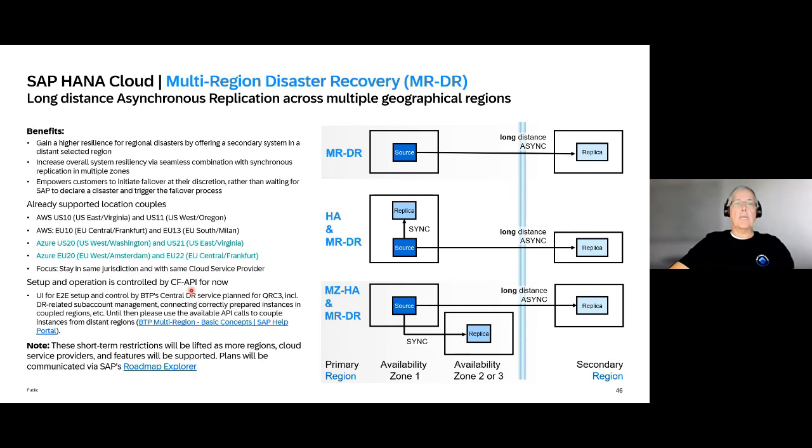It's a little bit more complicated, well described here in our documentation. So please have a look. With that, I'm really certain that you can finish that. There are still some restrictions here, but we are working heavily on that to release them, and we will, as usual, announce this with the Roadmap Explorer.